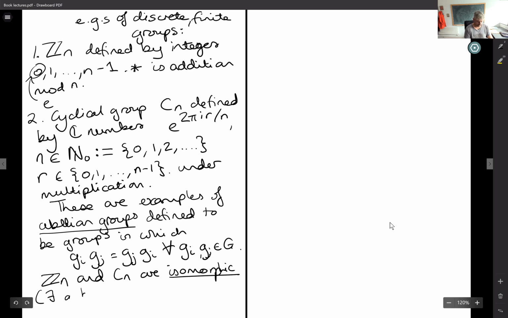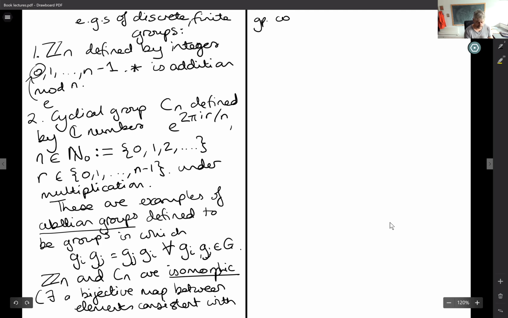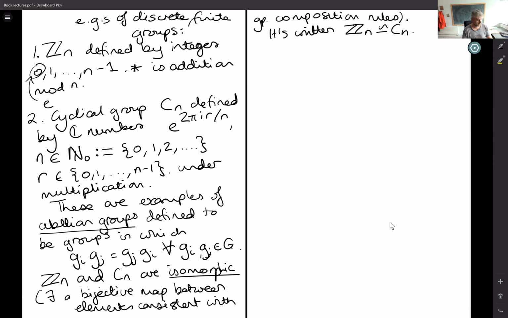So there exists a bijective map between the elements that's consistent with the group composition rules. And we write one group, so Zn, and then we use this approximately equals symbol here. So if the groups are on each side, that signifies isomorphism.